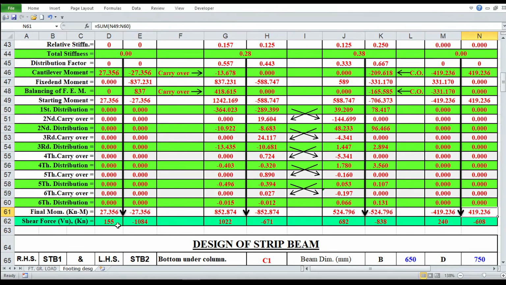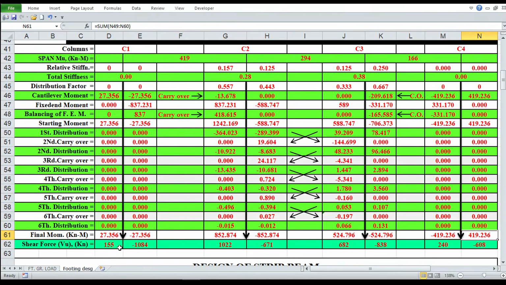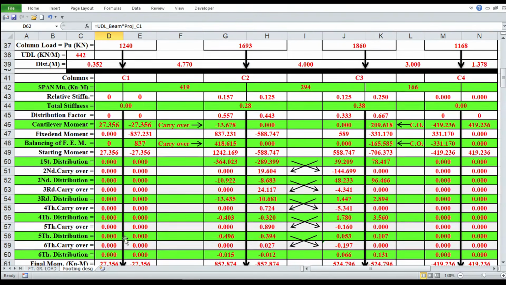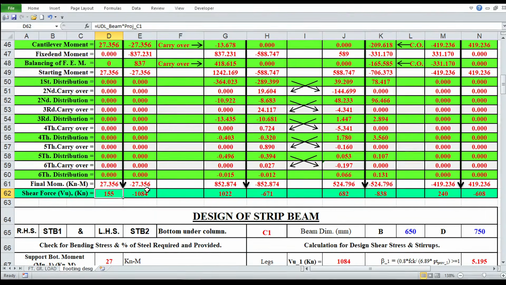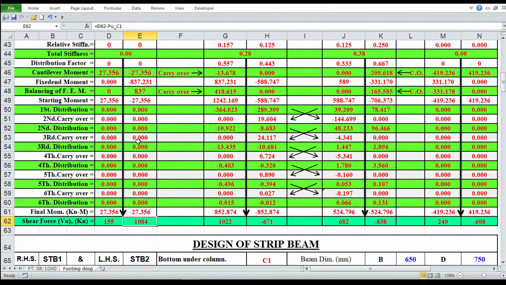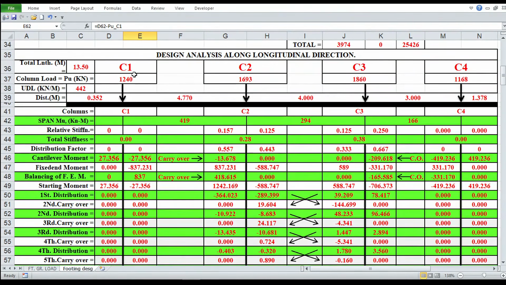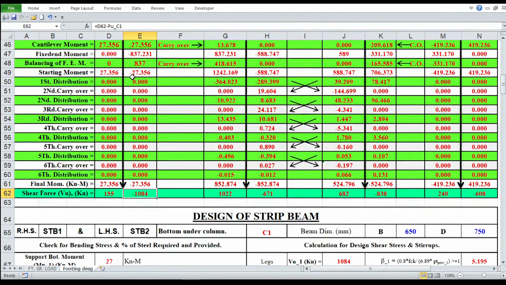Now shear force. W into L, W into 0.325. And at the right hand side of this column, C1, this load minus this load. And in this way, we can find out our shear force.